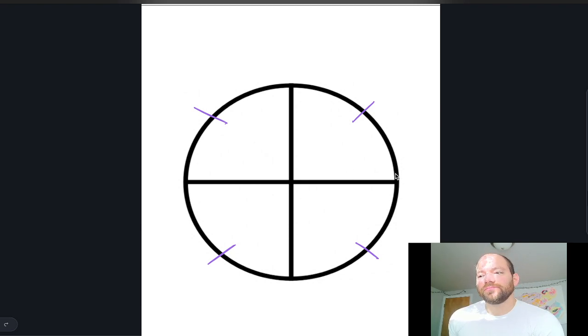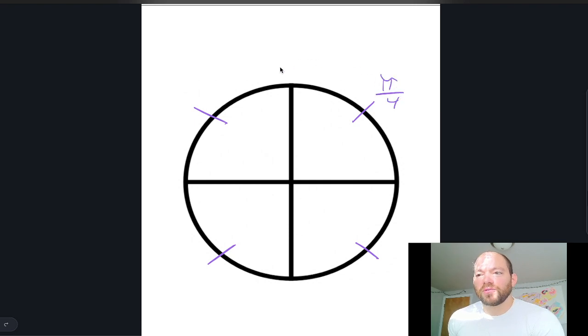So, once again, we know going all around the circle is 2 pi. An eighth of 2 pi would be pi over 4. Or we could just start with the fact that one full quadrant of a circle is pi over 2, and a half of that would be pi over 4.